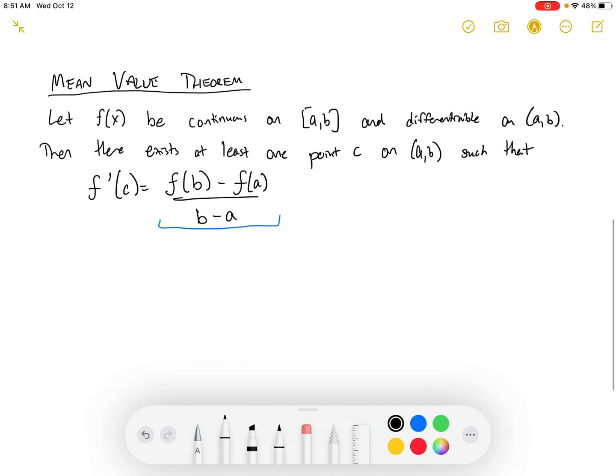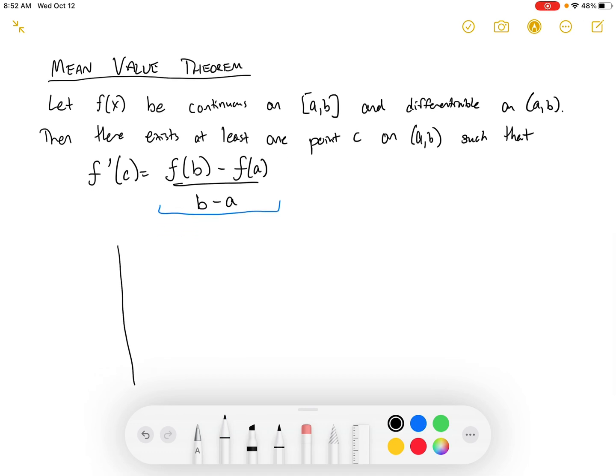So if I have some function, I don't know what it looks like, maybe it comes down. Here's my function. And I pick some a here and some b over here. This point here is a comma f of a, and this here is b comma f of b.